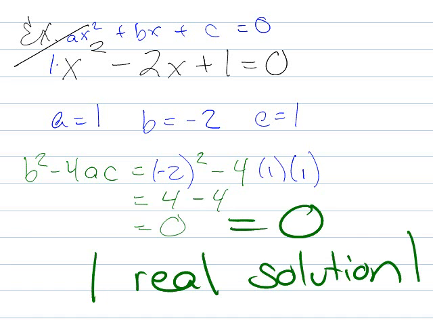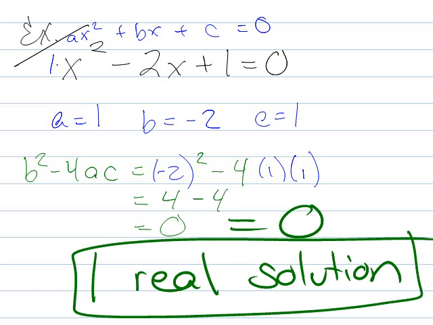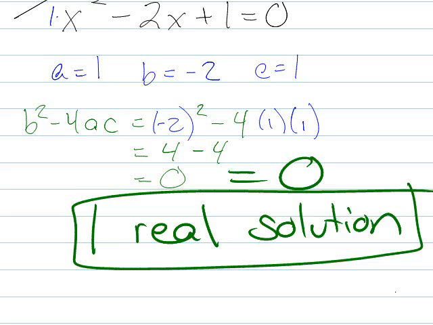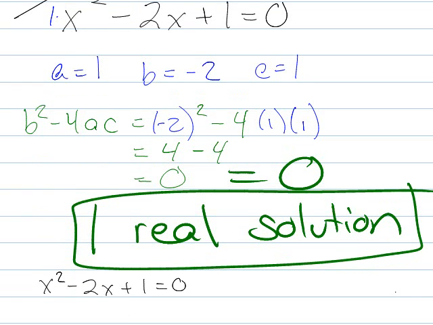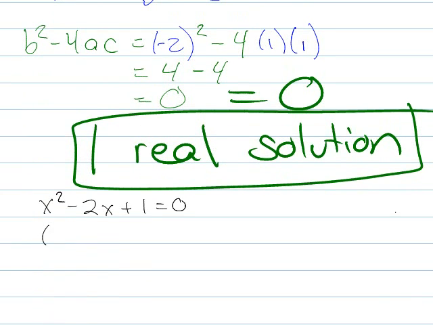Now this is one of those problems that you would not want to actually solve by the quadratic formula if you had the choice, because this is very much factorable. So we can solve this right quick and verify that we do in fact get exactly one real solution. We've got a plus sign here, so they're both the same sign.